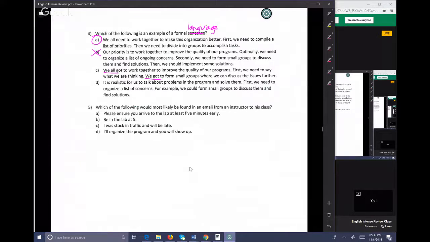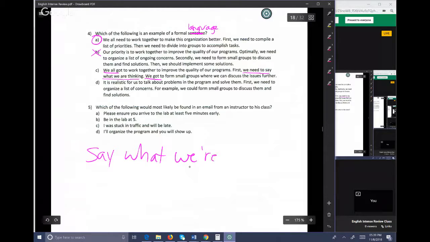on C, except I also thought it was kind of awkward here where it says we need to say what we're thinking. I thought that was also kind of awkward. So say what we're thinking is like an informal version, and actually this is a good showcase example. And they didn't use a contraction.